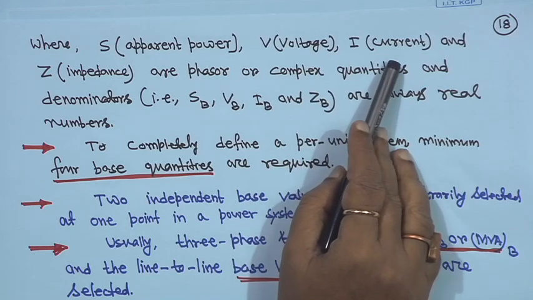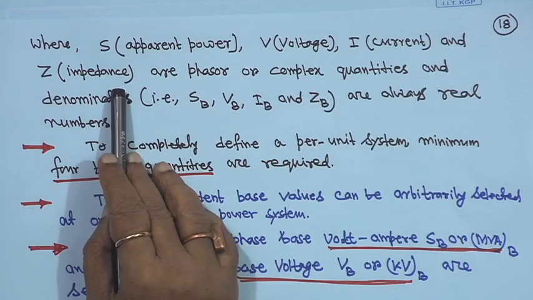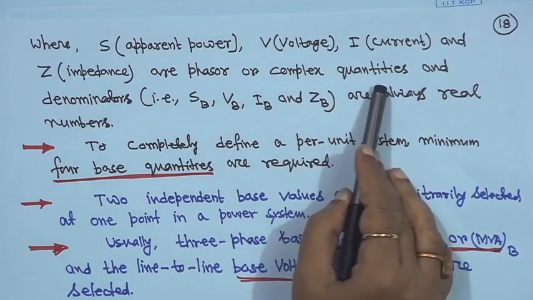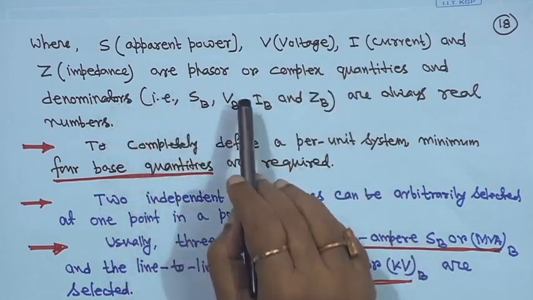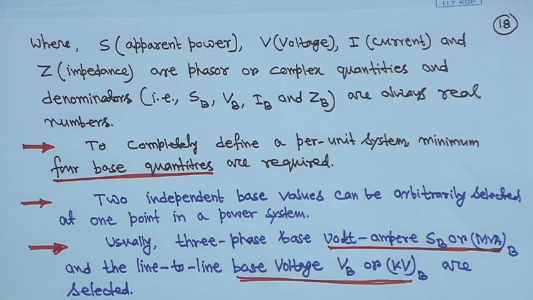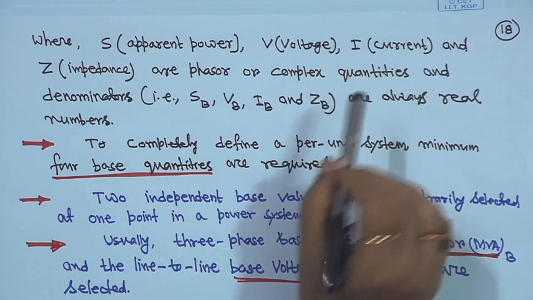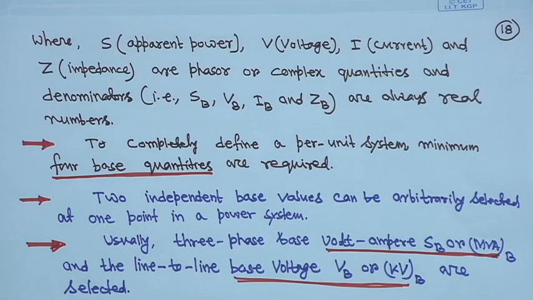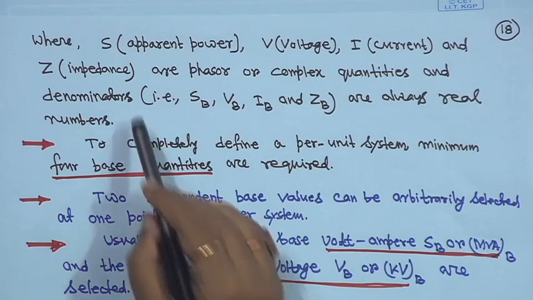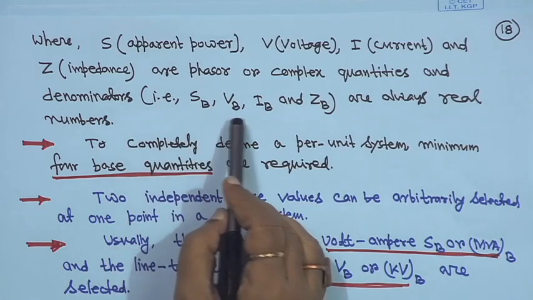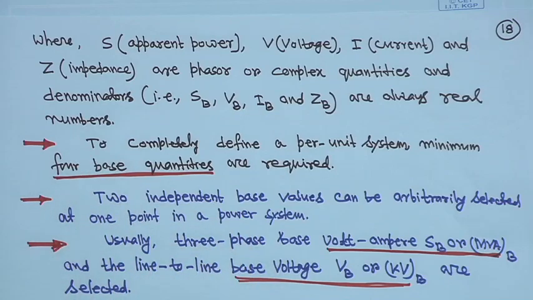I is the current in ampere or kiloampere, and Z is impedance in ohmic values, right, or phasor or complex quantities, because apparent power, voltage, current and impedance are phasor or complex quantities. Particularly voltage and current are phasor quantities, and that is why written either phasor or complex. And your denominators, for example SB, VB, IB and ZB, are always real numbers, they are real quantities.